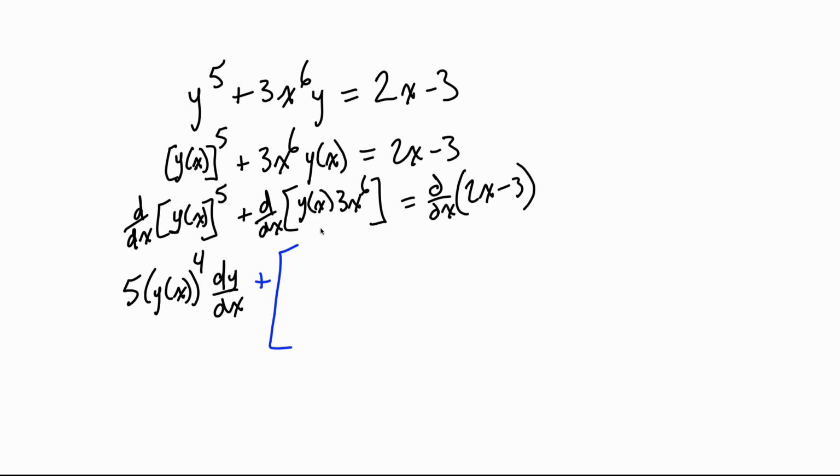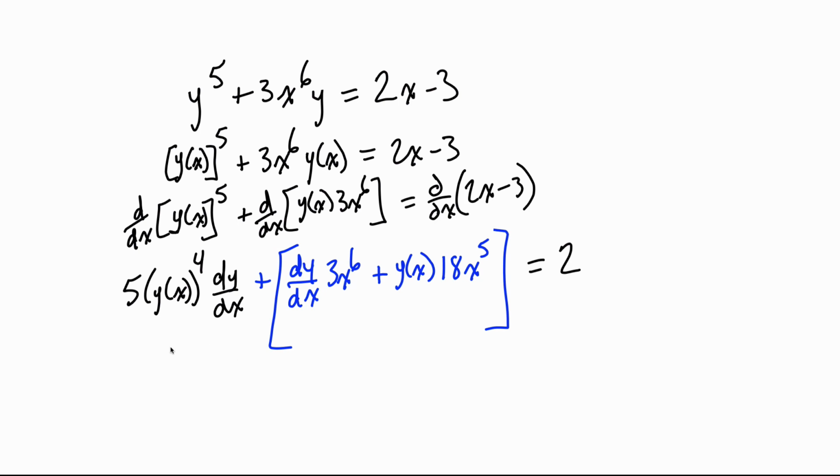So product rule, f prime times g plus g prime times f. That's how I think of it. So we want the derivative of our first function, which is just dy by dx, times the second function, 3x to the 6th, and then plus the first function, y of x, times the derivative with respect to x of the second function, which is going to be 18 times x to the 5th. And then d by dx of 2x minus 3 is still 2.